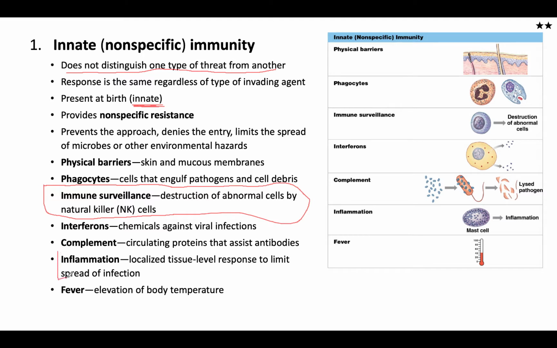Most people, the uninitiated, the people who have not had physiology or been taught about the innate system, think that inflammation is caused by the bacteria, but that's not true at all. Bacteria don't cause inflammation. Viruses don't cause inflammation, at least not directly.